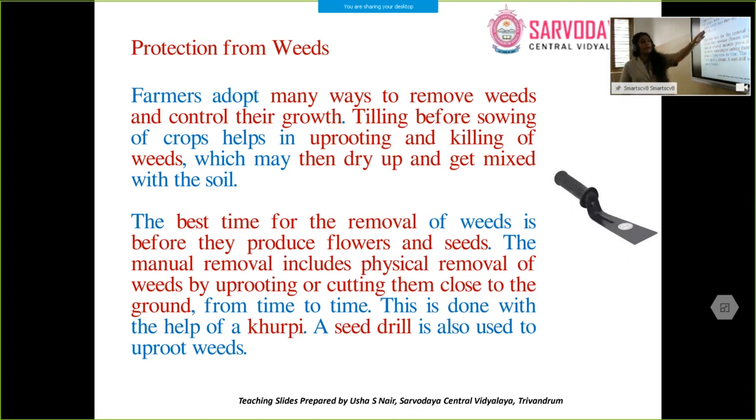I've mentioned one point: tilling before sowing helps in uprooting and killing of weeds. Then the best time for removal of weeds is before they produce flowers and seeds. And next, with the help of a tool called kurpi, cutting them close to the ground. Then, as we said, the seed drill, while sowing, also helps to uproot the weeds.